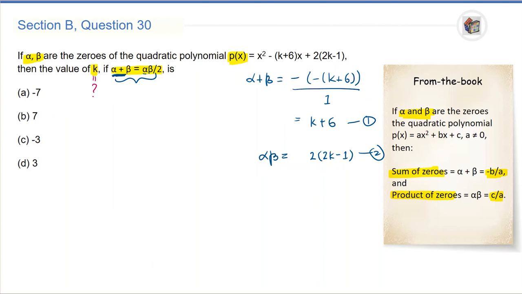See, this is the sum. This is the product divided by 2. So put them here. You're going to get k plus 6 is equal to 2 times 2k minus 1 upon 2. This becomes k plus 6 is 2k minus 1, and then very simple calculation to give you k as 7. So the correct answer is B.